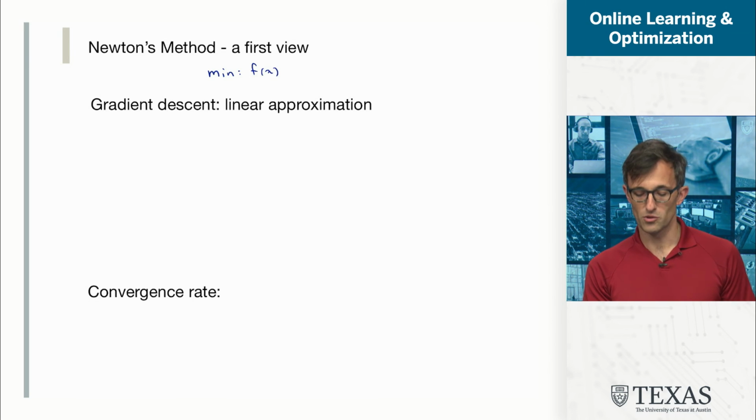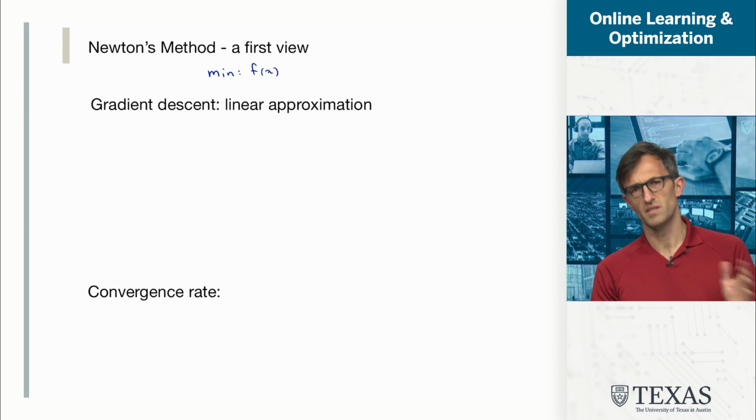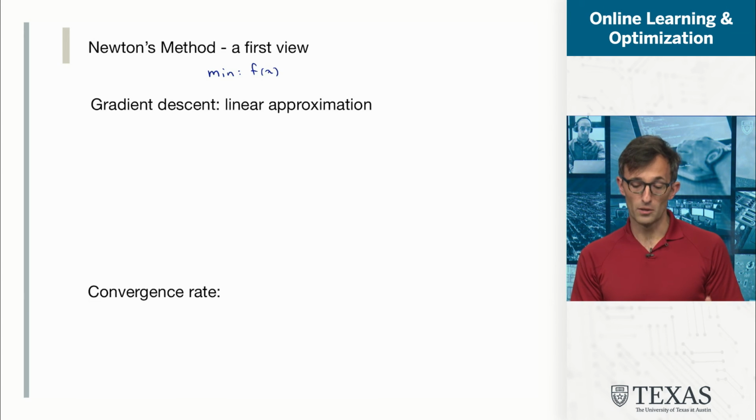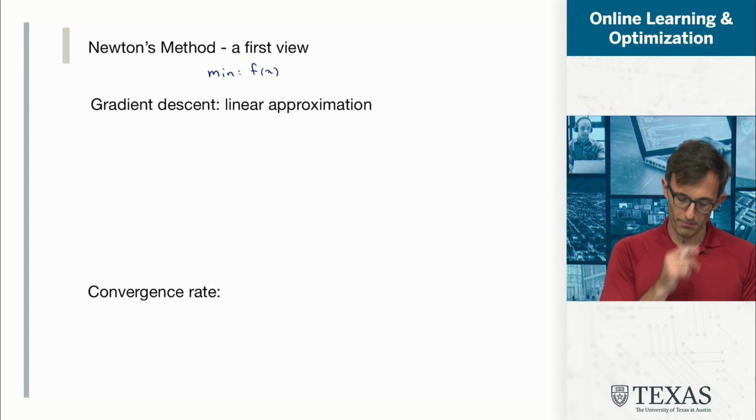So in addition to assuming that f of x is convex, as we do throughout this entire class, we're going to assume that f of x also has first and second derivatives. We're going to have some additional assumptions on properties those first and second derivatives have to satisfy, but for now, don't be alarmed when you see second derivative, namely the Hessian, because we're just going to assume that we have this. We need it in order to be able to talk about Newton's method at all.